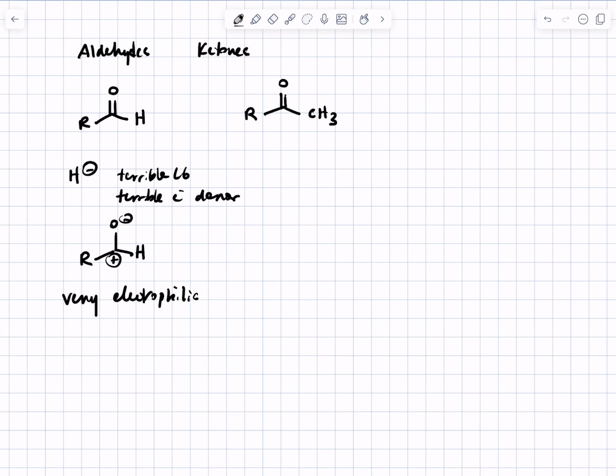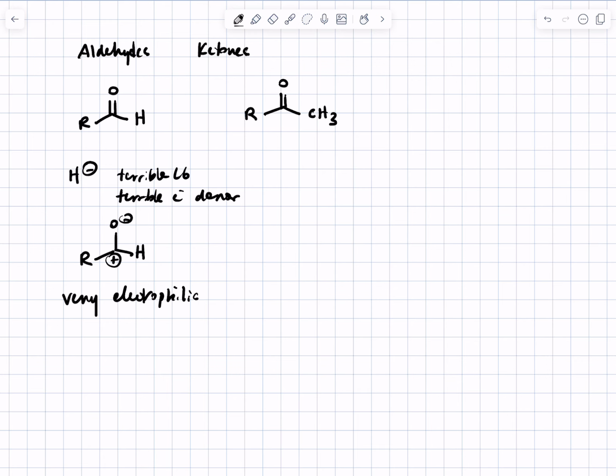Yeah? Quick question, you said it's very electrophilic. For the other examples with the amide and the other stuff, when we say electrophilic, are we referring to the central carbon, or are we referring to whatever that group is, like that nitrogen? Right, good. When we say electrophilic, we're referring to the carbonyl carbon. Yep. How likely is a nucleophile to attack the carbonyl carbon?